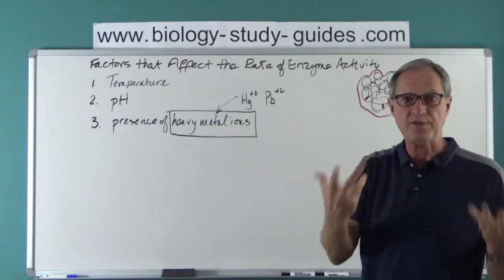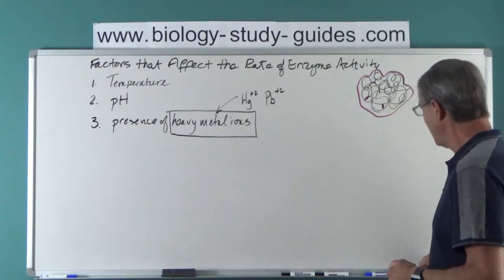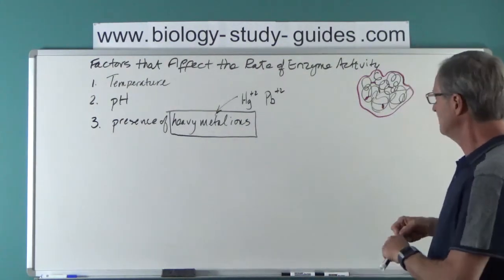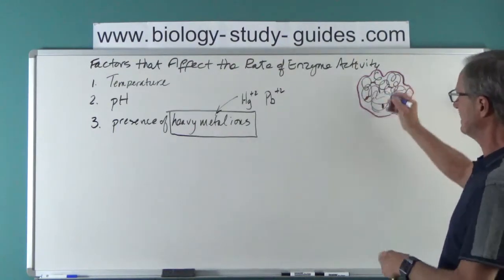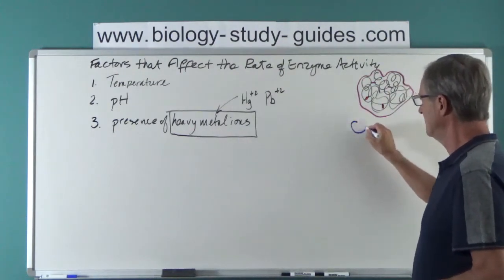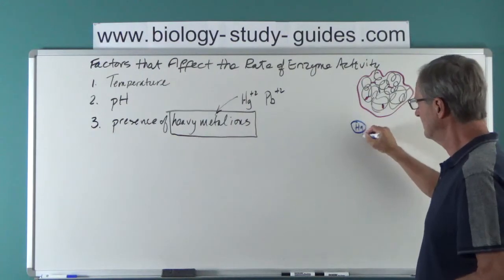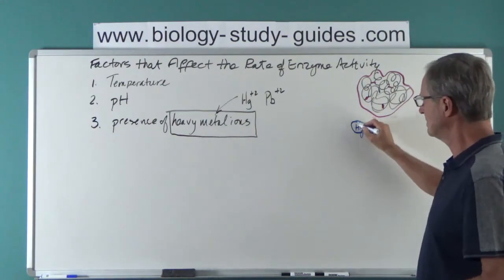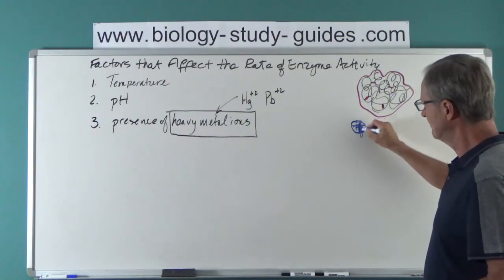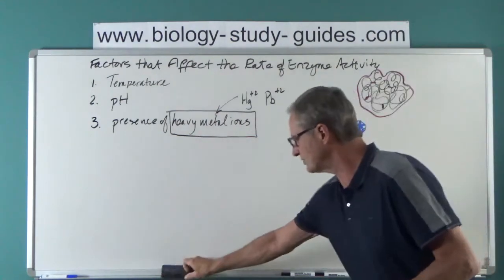Well, what happens with these things is if you get an ion like mercury in a system, and I'll just use this enzyme again, here's mercury, nucleus, very positively charged. Let me draw it properly.